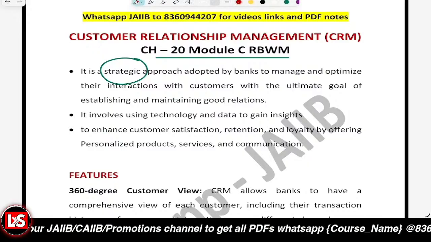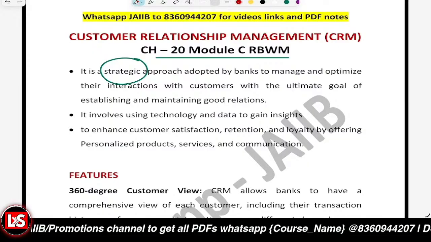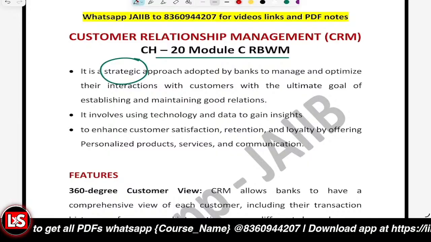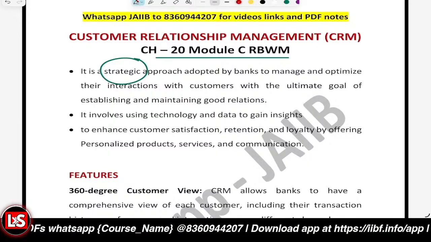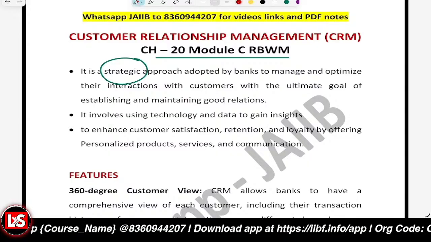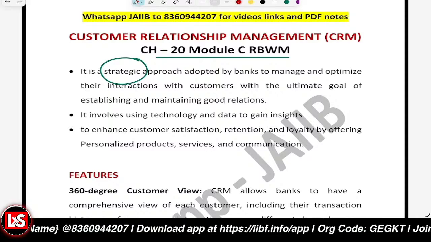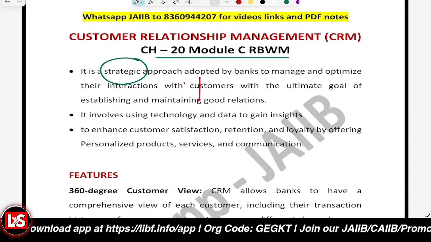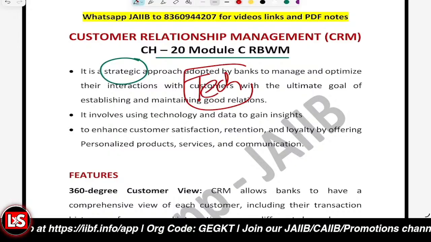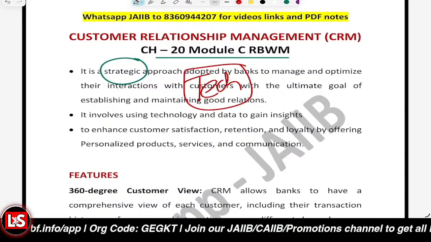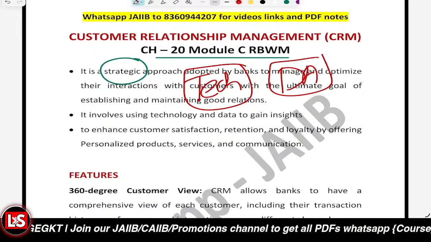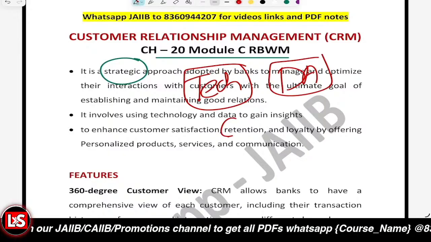So how are the customers interacting with us? Our main objective under CRM is to establish, maintain, and strengthen the long-term customer-banker relationship, right? And in this case we use technology, data analytics, and customer insights.